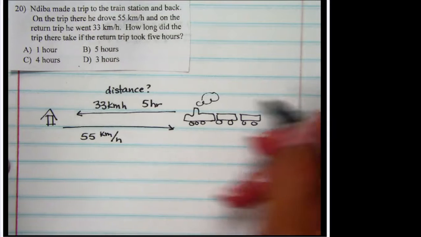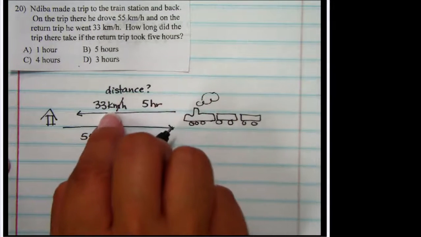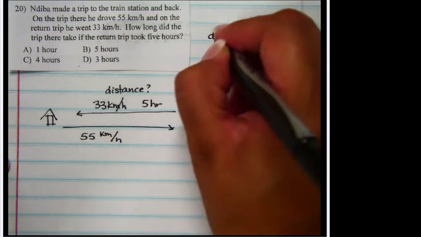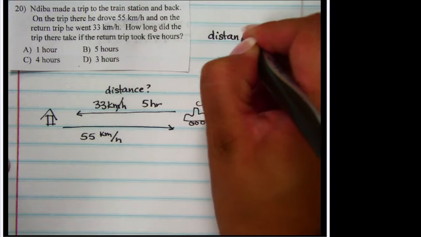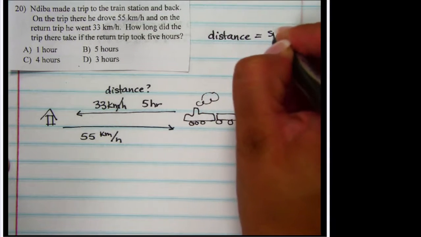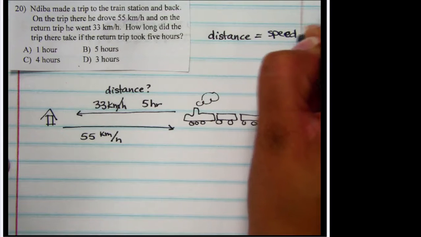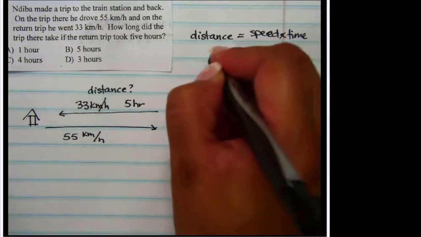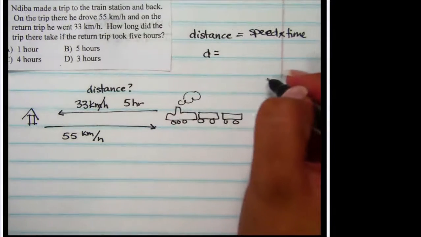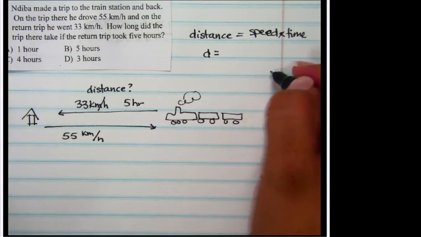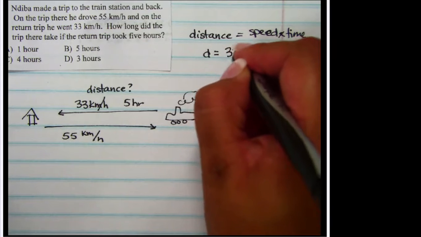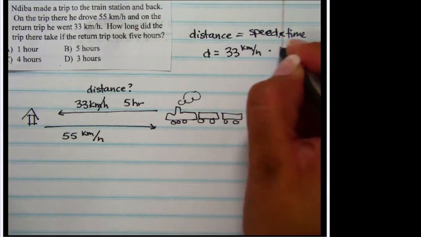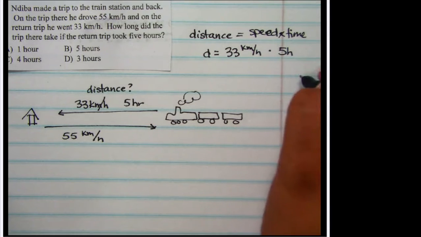In order to calculate distance when we're given a speed and a time, we're going to multiply speed and time. So the distance he travels between his home and the train station is going to be 33 kilometers per hour times 5 hours.